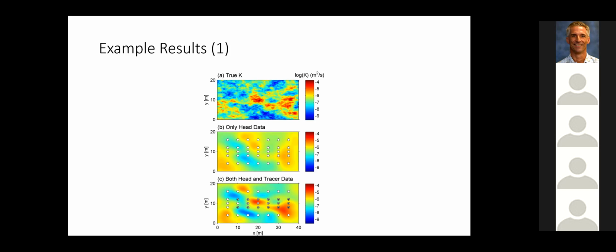So combining different kinds of information will enhance the inversion estimation result, yielding quite a good estimation of the underlying process.